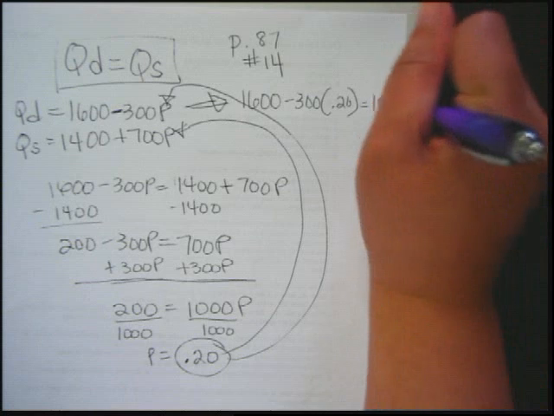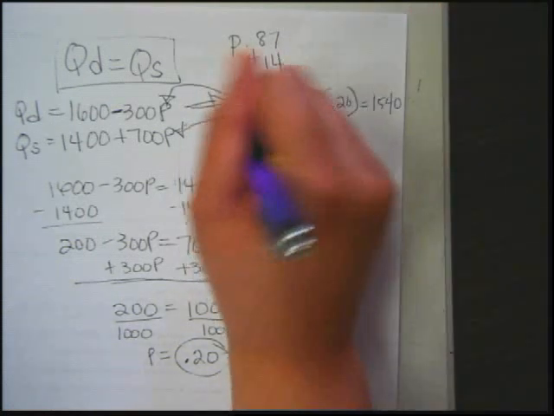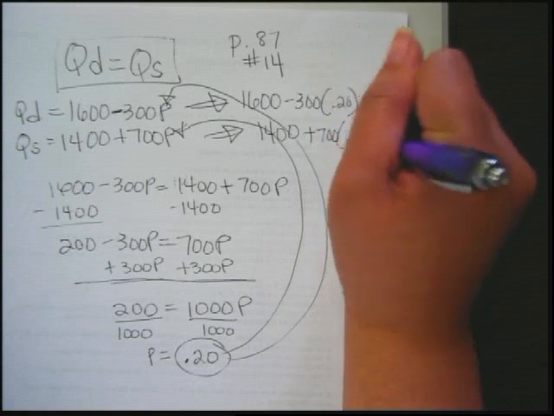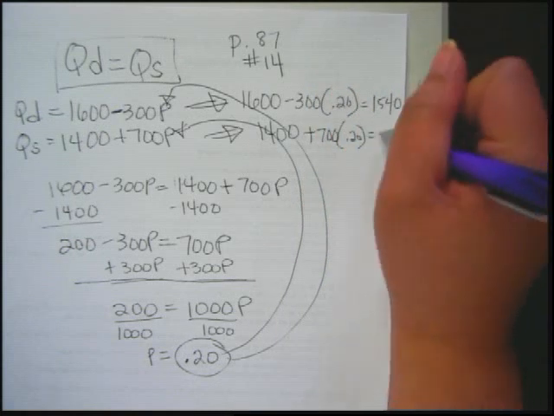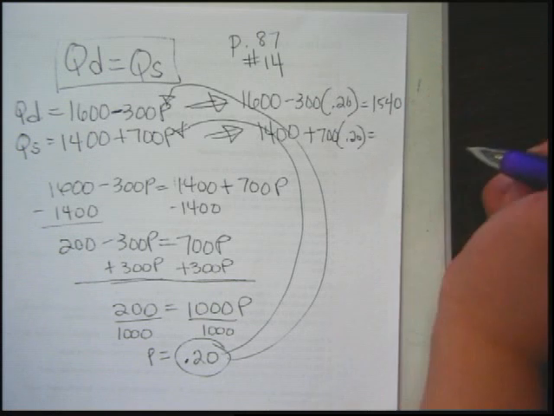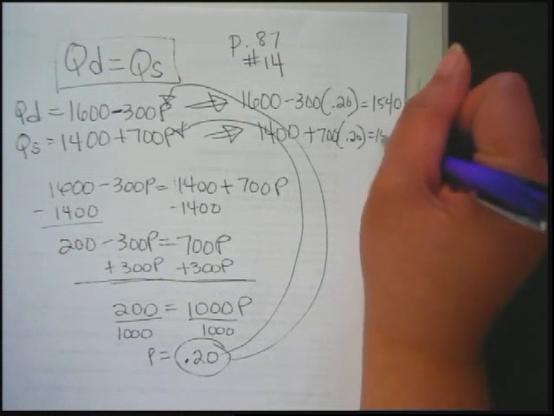Okay, that's what I got, 1540. Okay, let's double check ourselves. 1400 plus 700 times 20 cents is equal to, I'll get 1540 for this one also? Okay.